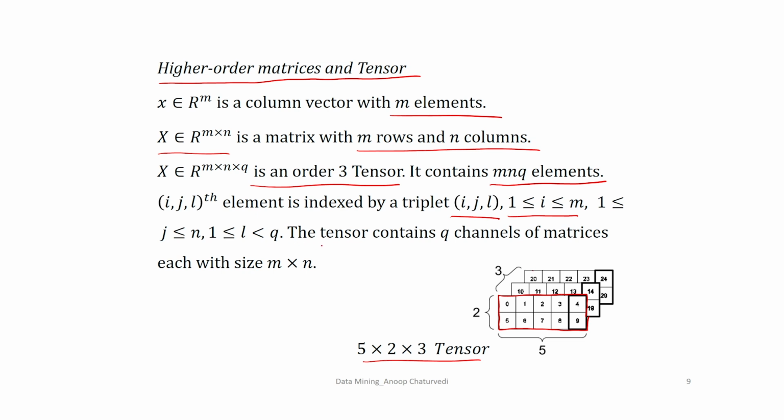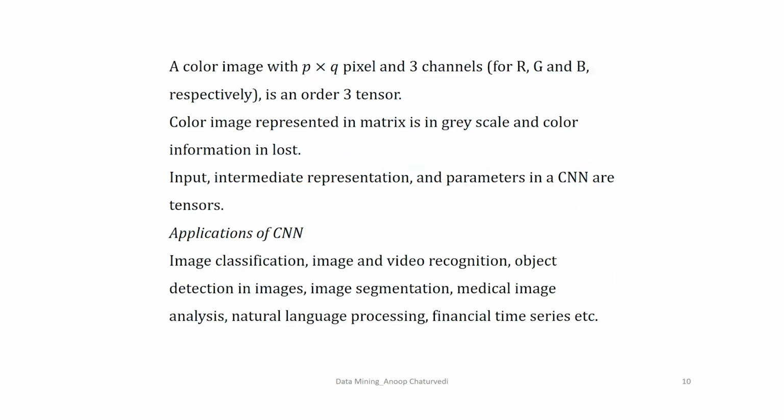And actually this tensor contains q channels of matrices, each with size m×n. Say for instance, this tensor has 3 channels of 5×2 matrices. Say a color image with p×q pixels and 3 channels, each corresponding to red, green and blue, R, G and B respectively, is an order 3 tensor.